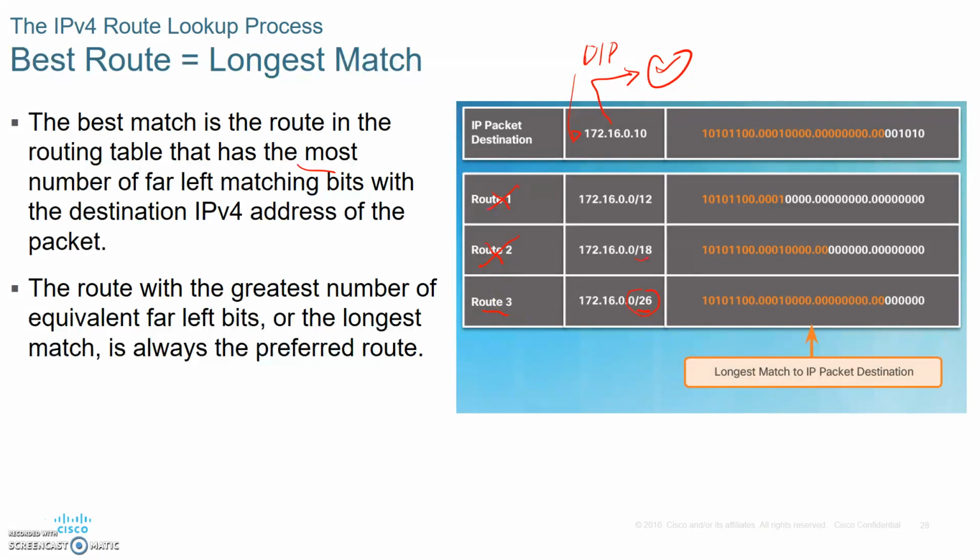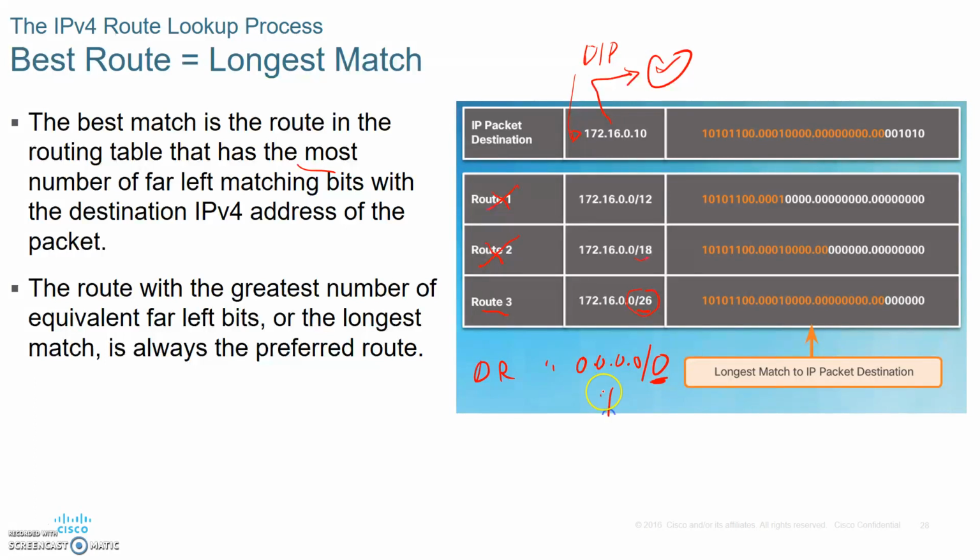Okay, why is this important? If you look at the default route or the gateway of last resort, the default route normally is 0.0.0.0/0. This will be my default route. Notice the default route says I do not need to match any bit, so the default route will match all the packets.